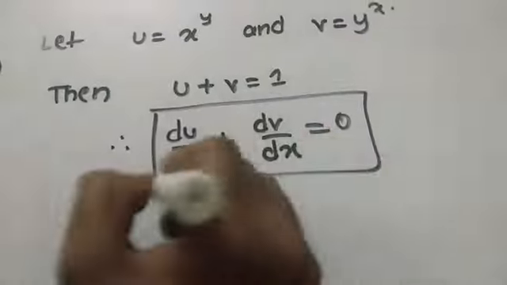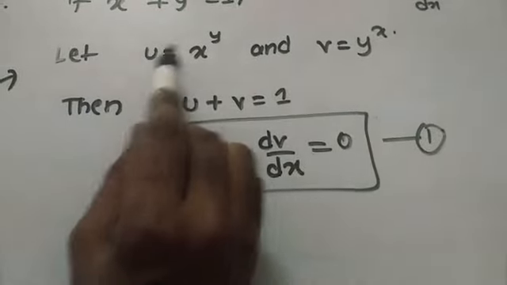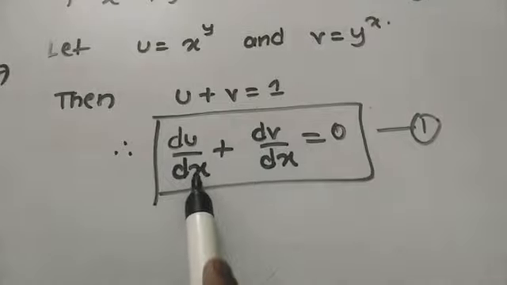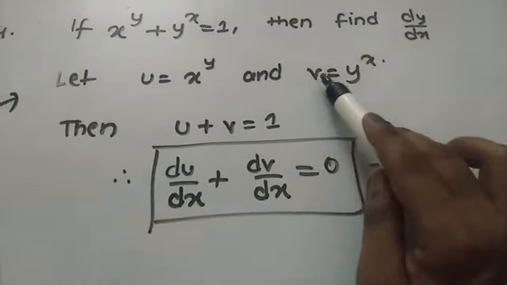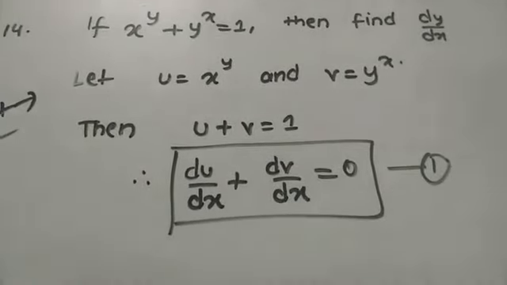You will name this expression as 1. Now from u, that is x to the power y, you will find du by dx and put it here. From v, that is y to the power x, you will find dv by dx and put it here. Then from that expression, you will find your dy by dx. So try this question also.